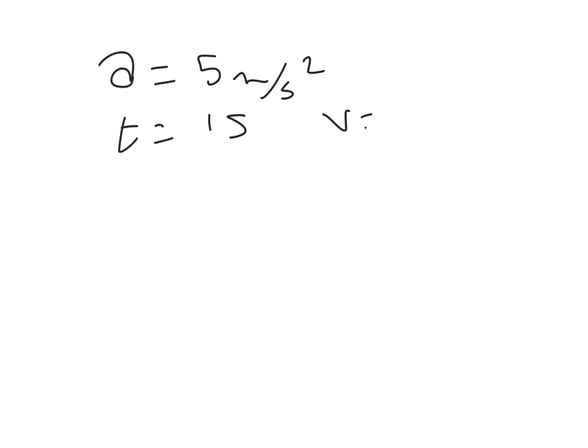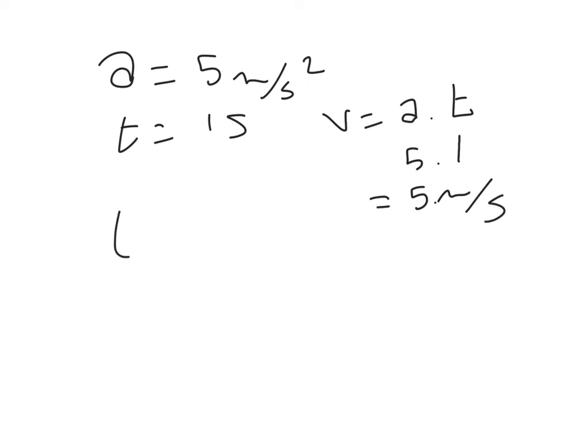The question is giving me the acceleration to be 5 meters per second squared. And they're saying that my time is every second. So at second 1, my velocity is equal to what? A times t, right? V is equal to AT. So my acceleration is 5, my time is 1, and that is equal to 5 meters per second.